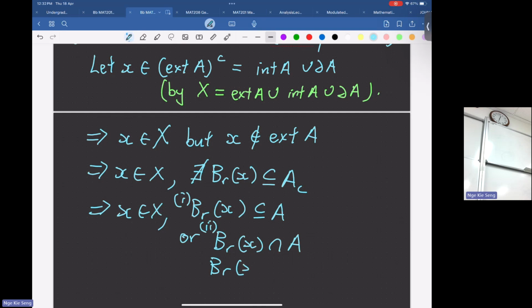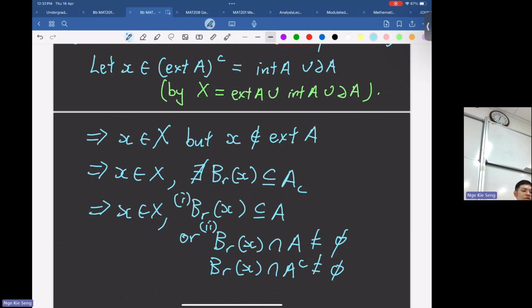So if the ball completely lies inside A, meaning what? This point is in A. Okay, good. So it's in A. And second case, if this ball intersect A is not empty and intersect A complement is not empty.